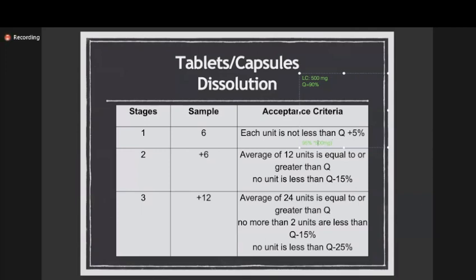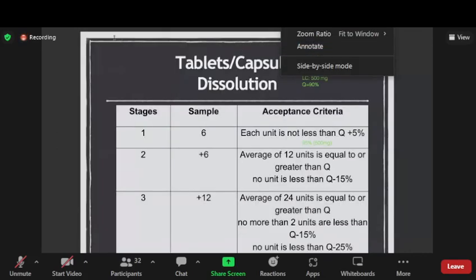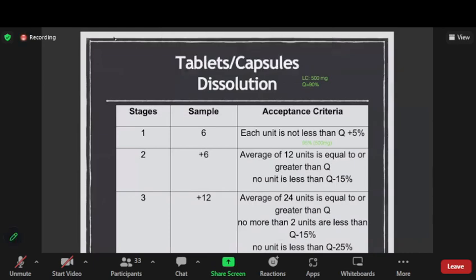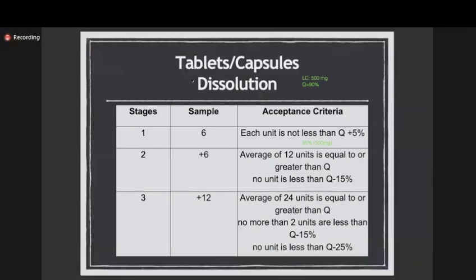When you compute the concentration of the tablet, of the 6 samples or 6 tablets, it should not be less than 500 times 95%, so 95% times 500. So it should not go below 475 milligram.